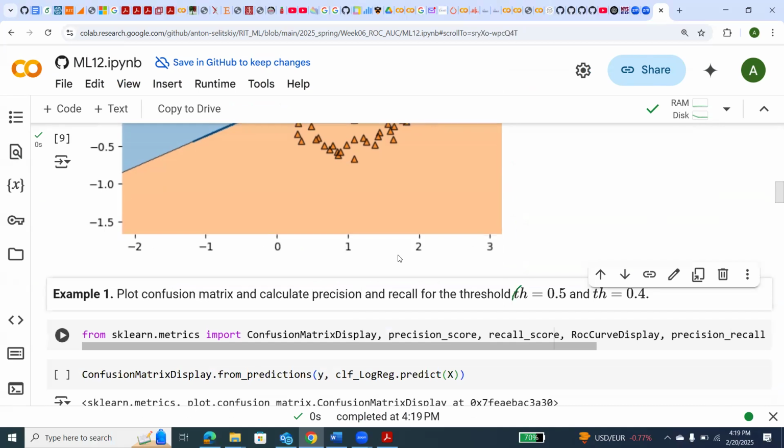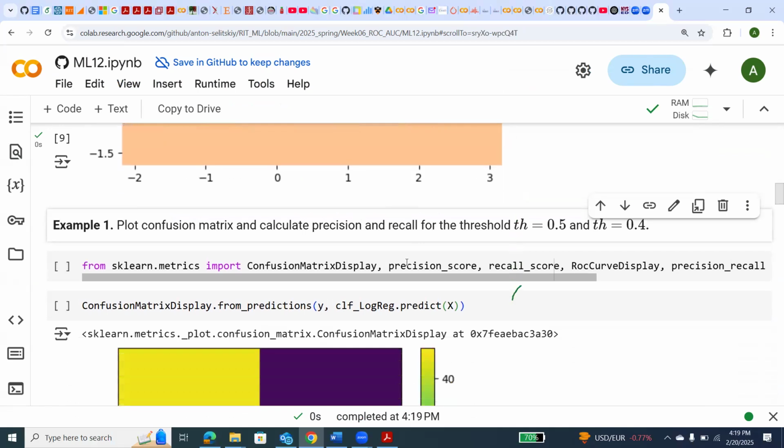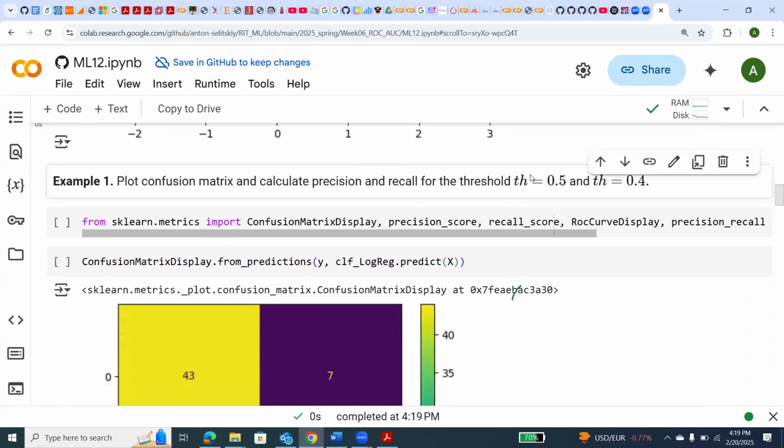First, before we go to our problem, I want to mention for your homework how to change the threshold. So by default in logistic regression, it's 0.5.